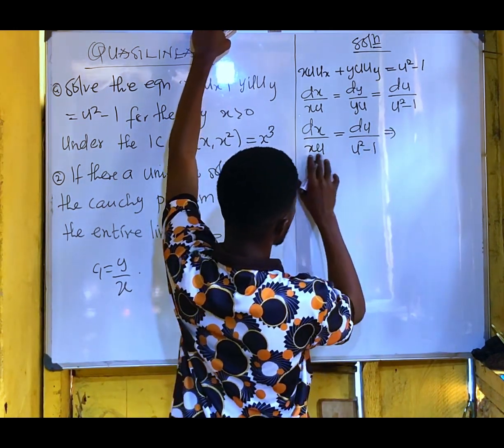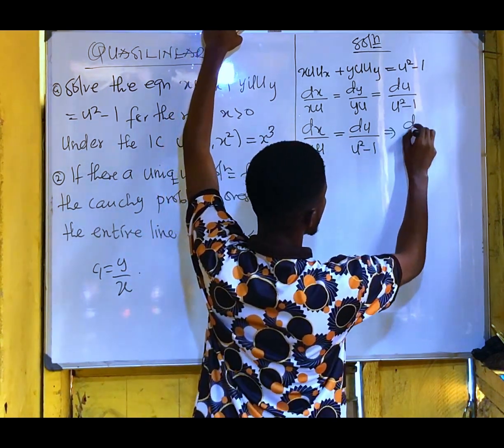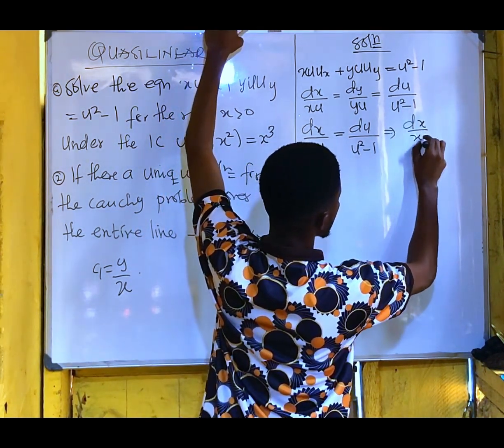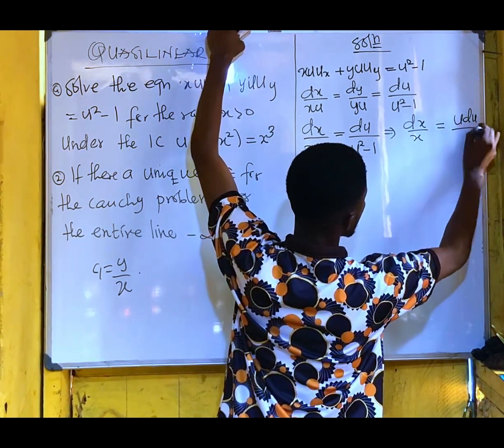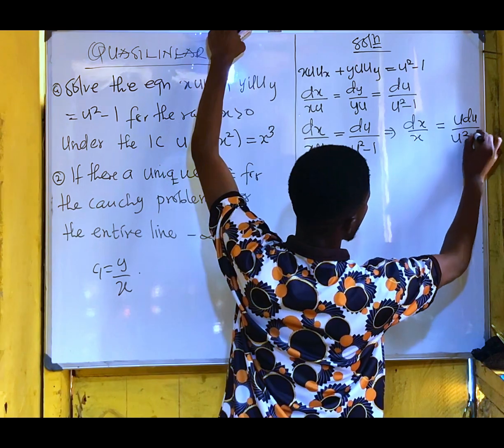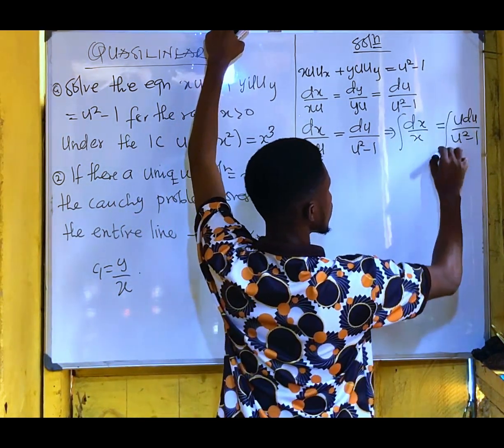This implies that if I multiply both sides by u, this u can come here, so that I have dx over x is equal to u du over u square minus 1. Is that okay? So in this case, we can integrate both sides.